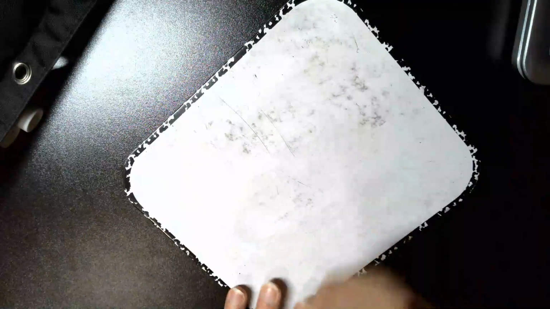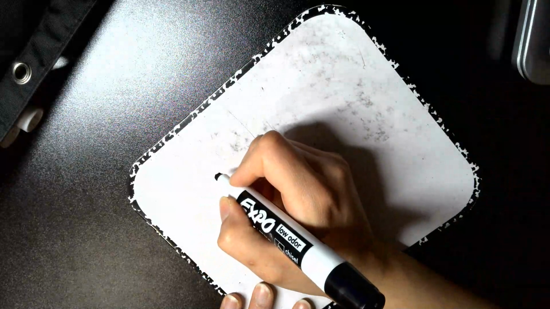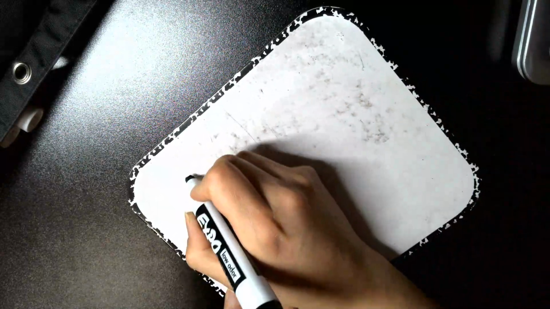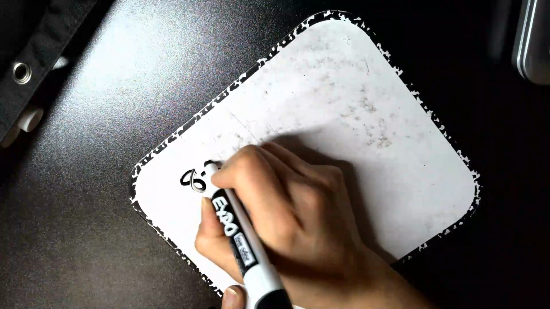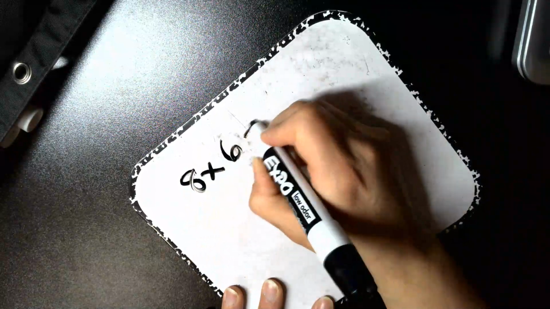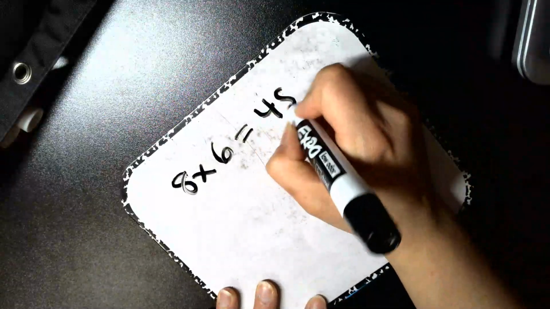Okay. The 6's. The 6's, in my opinion, are pretty easy if you know your 5's. If you know your 5's, you're just adding one more group. And especially for the even numbers that you're adding to, it's pretty simple. So for example, if you have 8 times 6, that's 48.